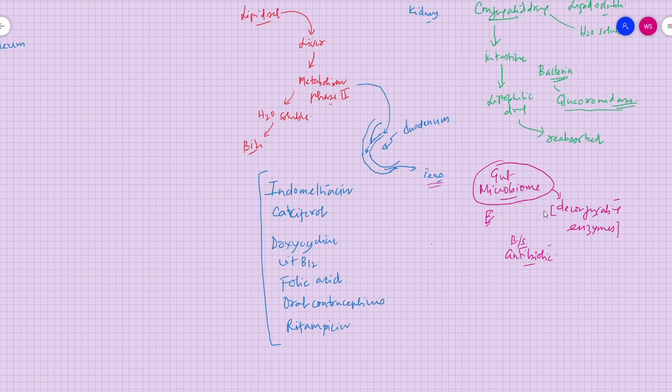But because we gave this antibiotic, it might interfere with the enterohepatic recirculation of oral contraceptives. As a result, the concentration of the estrogen and the progesterone in the female body might reduce, and there can be potential contraceptive failure even.